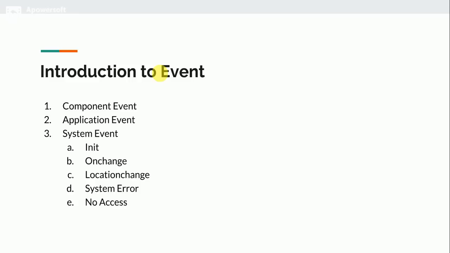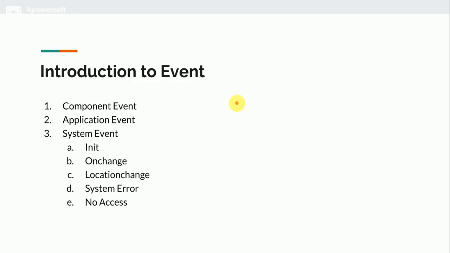These are the kinds of system events we have available. We will take a look at the events in a separate session, but here we are going to use the component event. So this was a brief introduction about component events, application events, and system events.